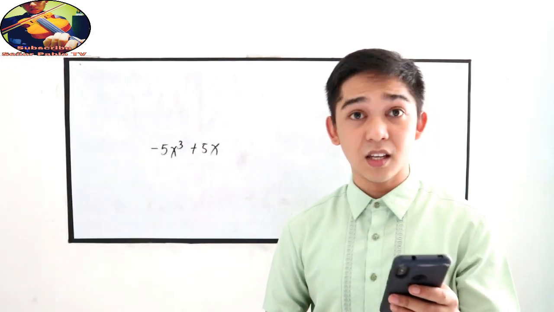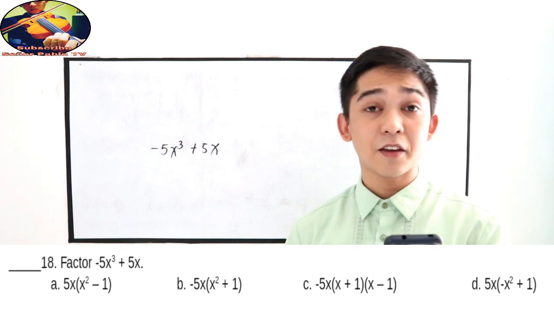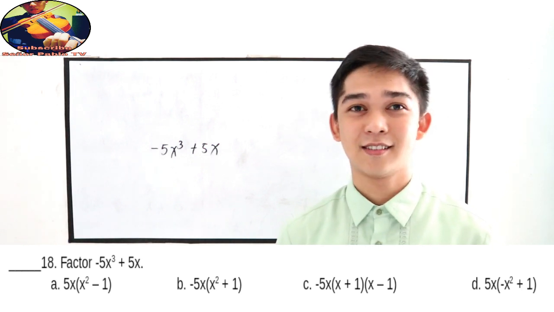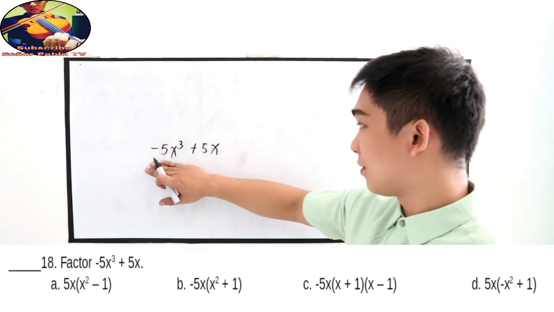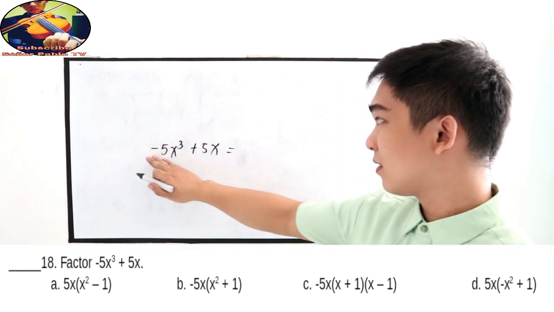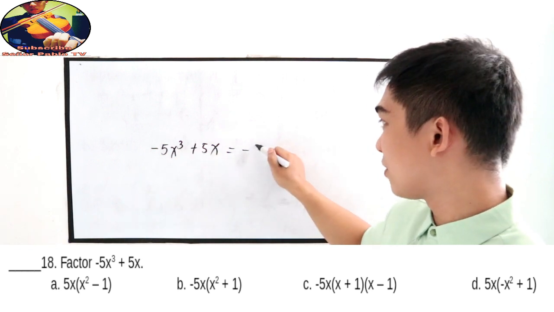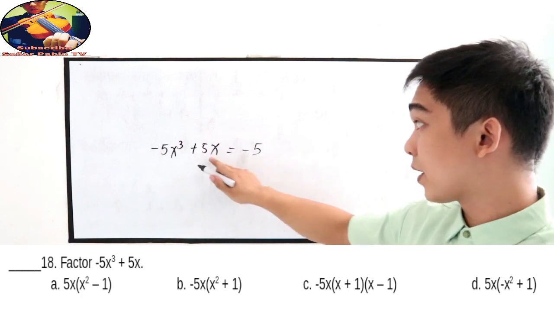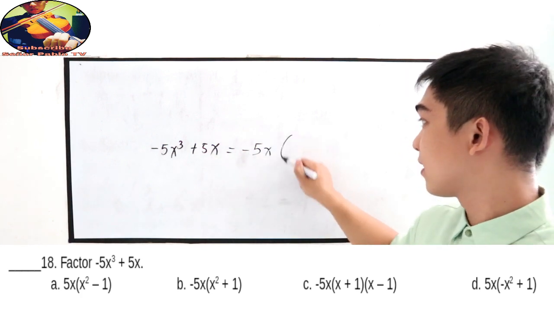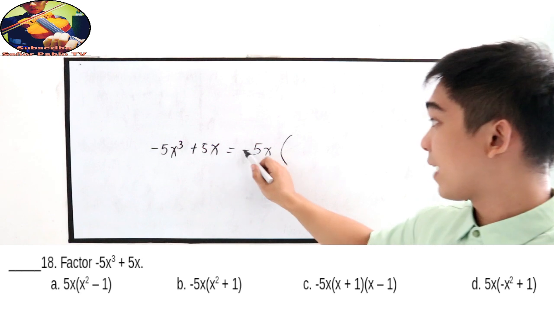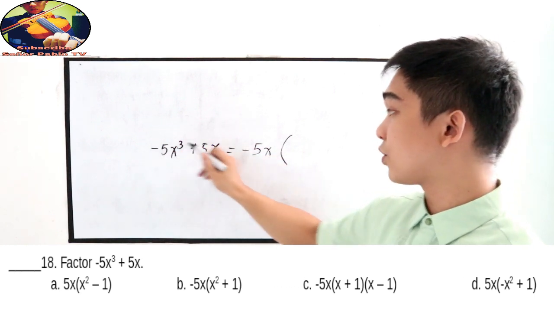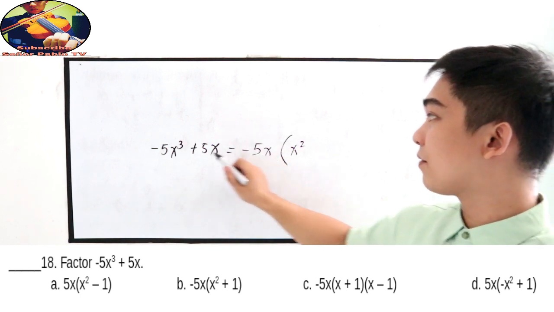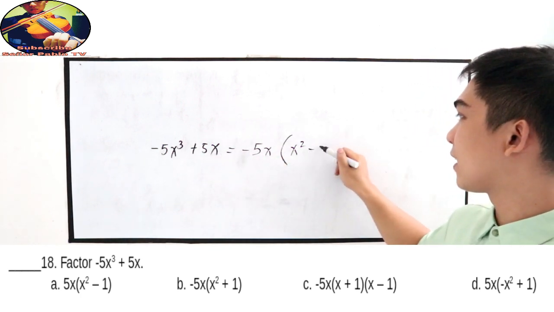Now, number 18. Factor negative 5x cubed plus 5x. So, GCF tayo. Parehas lang naman. So, negative 5. Then, variable, lowest is x raised to 1 or simply x. Now, we have negative 5x divided by negative 5x cubed, so that is x squared. Negative 5x divided by positive 5x, negative 1.